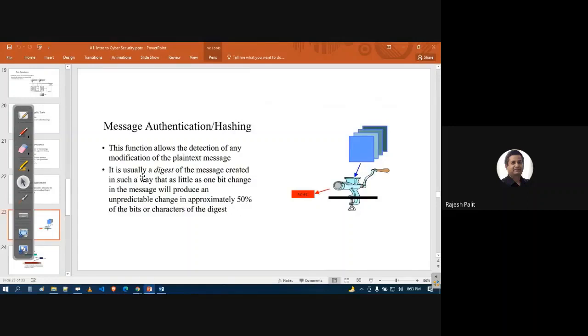Now, message authentication or hashing. This function allows the detection of any modification of the plain text of the message.